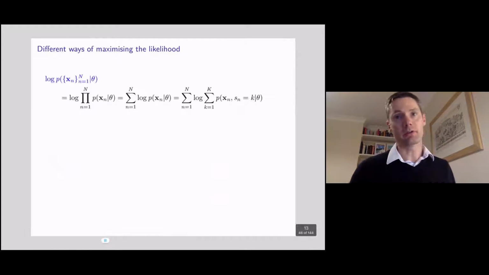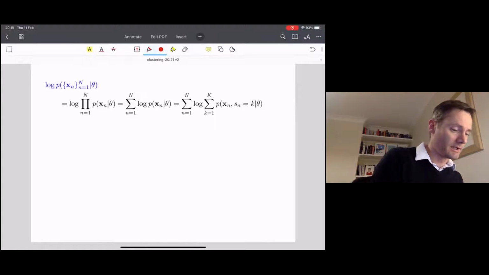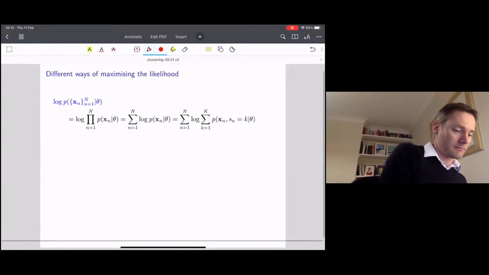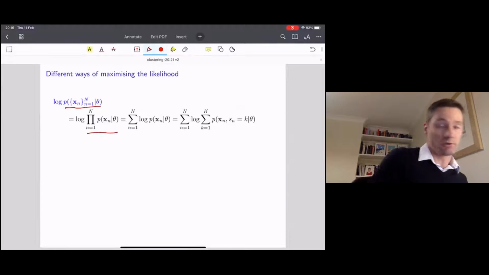The first thing that we might want to do here is realize that the data points are generated in an IID way from the model. You generate each data point afresh, and if we permuted the order of the data points, that wouldn't change their joint probability because they're drawn independently from the model. So we can write the probability of all of the data in terms of the product of the individual data points.